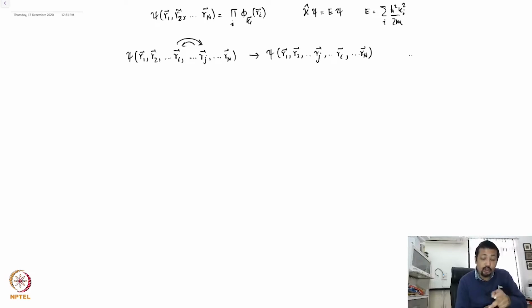So clearly this operation of interchange of indices I can define as an operator which does that. And therefore it's obvious that this operator commutes with the Hamiltonian, so that one can construct the eigenfunctions of the Hamiltonian in such a way that it is also an eigenfunction of this operator.